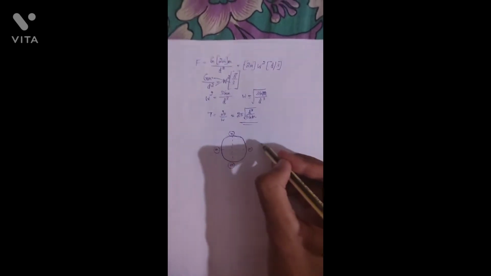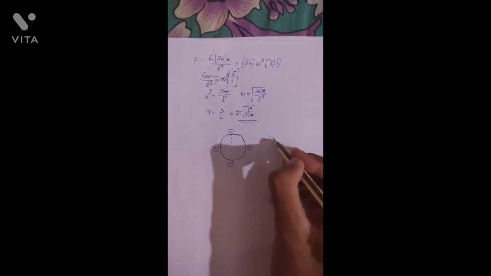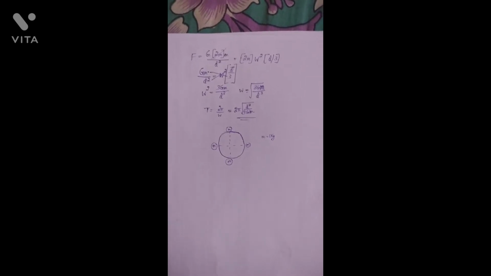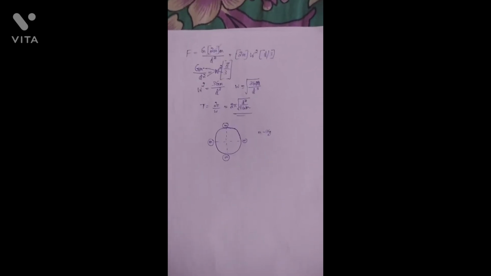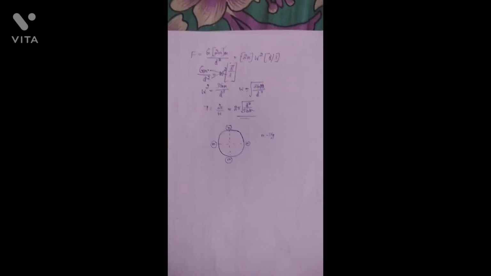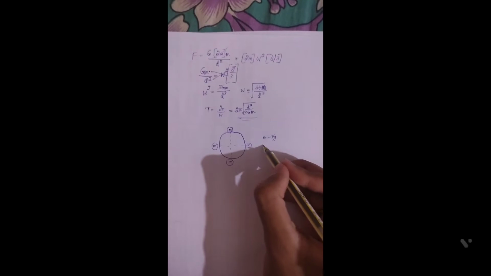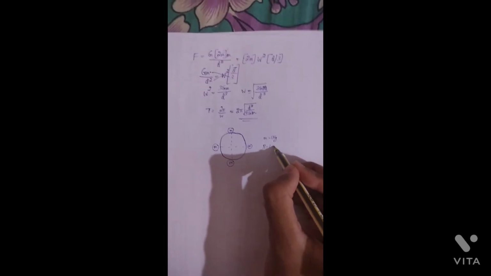From here we have to find their speed, and the radius is given as 1 meter.